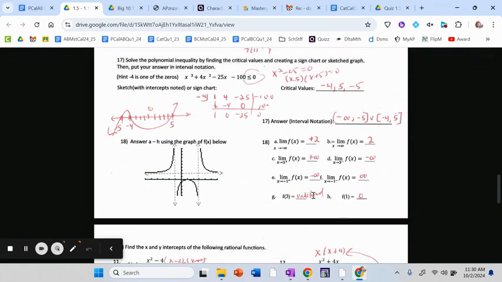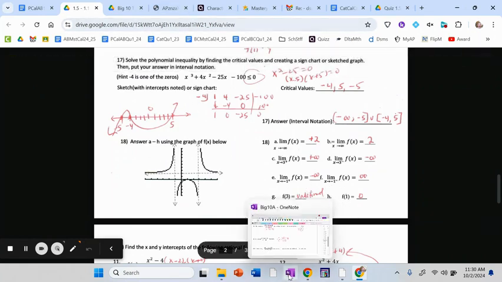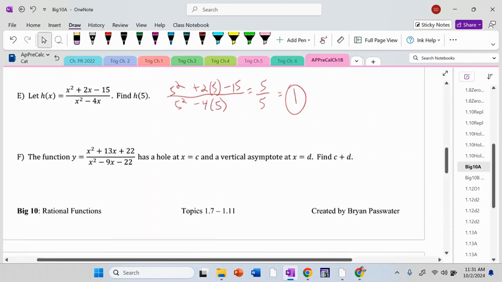That's what f of questions mean, just input, output: what's the y coordinate when you plug in a certain x value? This is 10, that's 20, 20 minus 15 is 5. This is 25, minus 20 is 5. So I believe we get 1 there. I want to make sure I did that right.